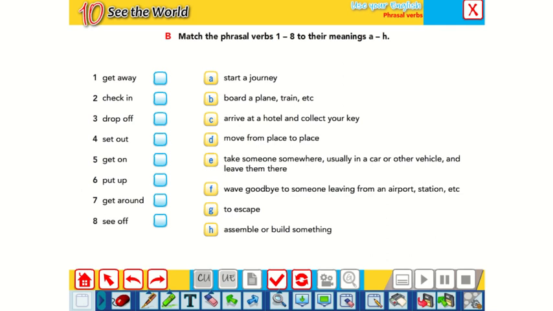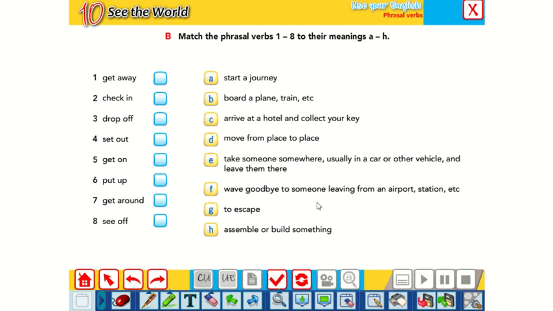A, start a journey, to begin a journey. B, board a plane, train, etc., to get on a plane, train. C, arrive at a hotel and collect your key. D, move from place to place. E, take someone somewhere, usually in a car or other vehicle, and leave them there.